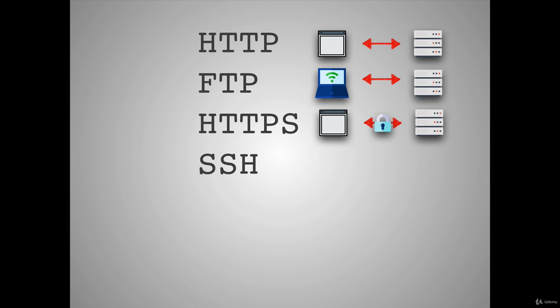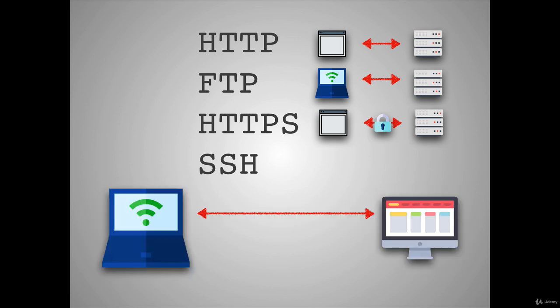And just like these, SSH is another protocol that allows us to communicate between two computers over the internet. It allows users to share files as well as control and modify remote computers over the internet. Sounds pretty cool, right?